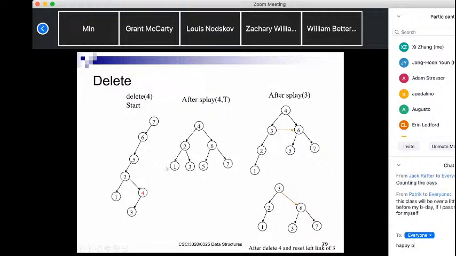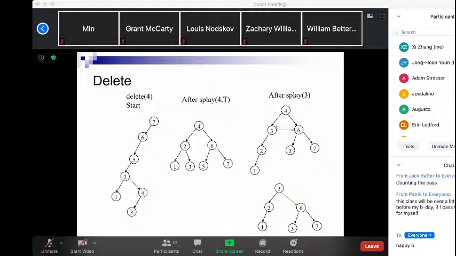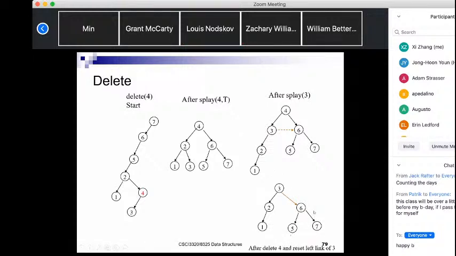That's the resulting tree after splaying 3. After splaying 3, we'll bypass number 4, making its right subtree my current right subtree, so 6 becomes a child of 3. Then, when you remove 4 from the tree, that's the resulting tree after delete 4. So the delete operation in a splay tree has 2 splay operations involved.